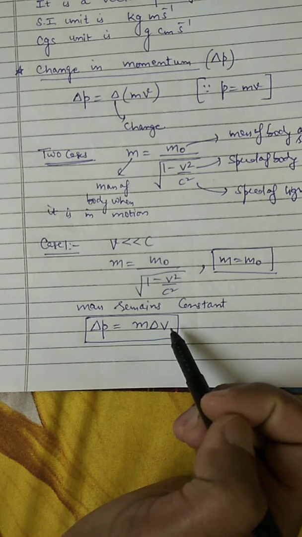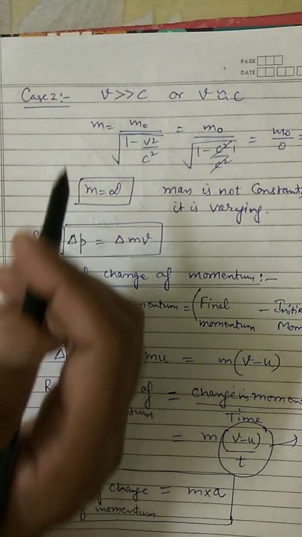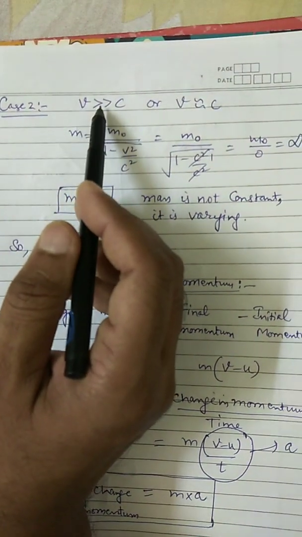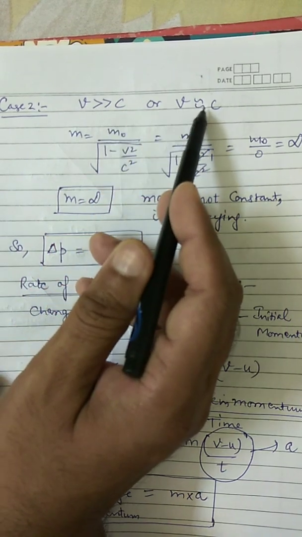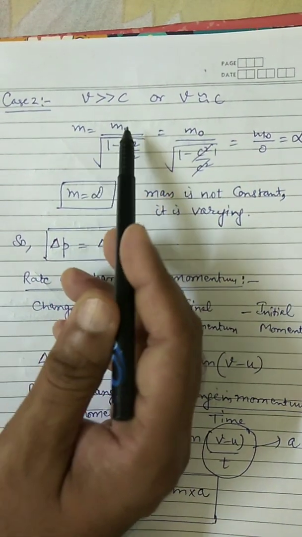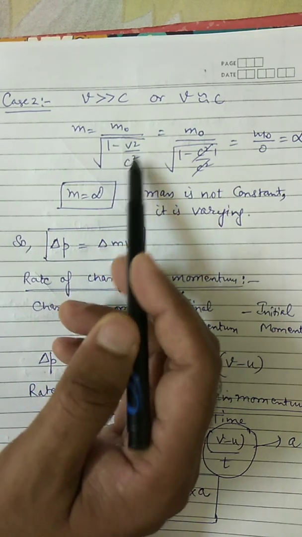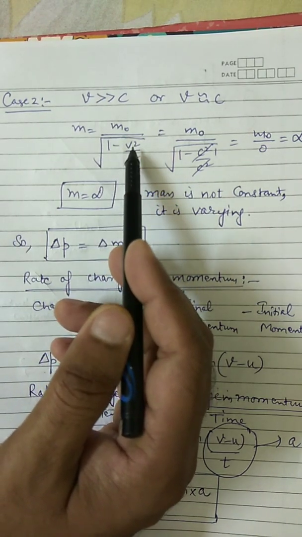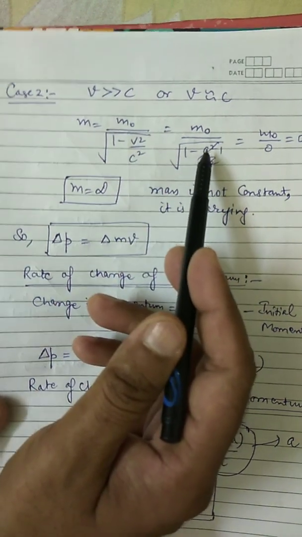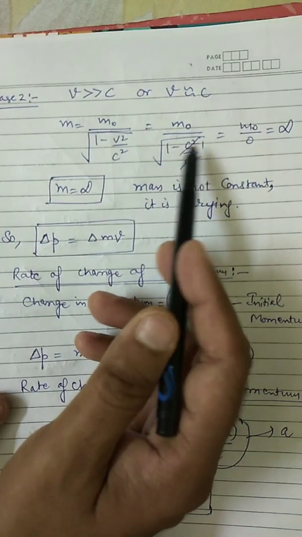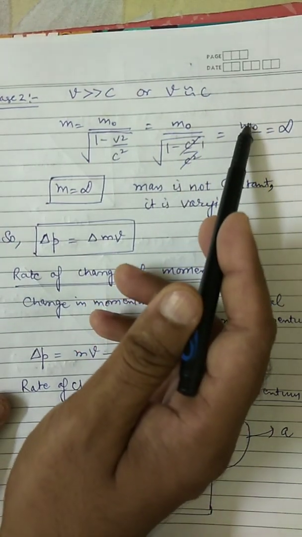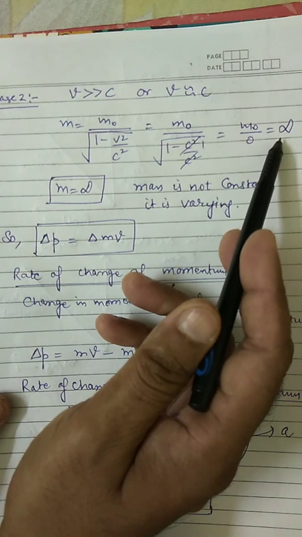Case number 2: when v is quite large, or v is comparable to c. M is equal to m naught upon square root of 1 minus v square upon c square. V we can replace with c, so c square upon c square will be 1, 1 minus 1 is 0, and anything divided by 0 is infinity.